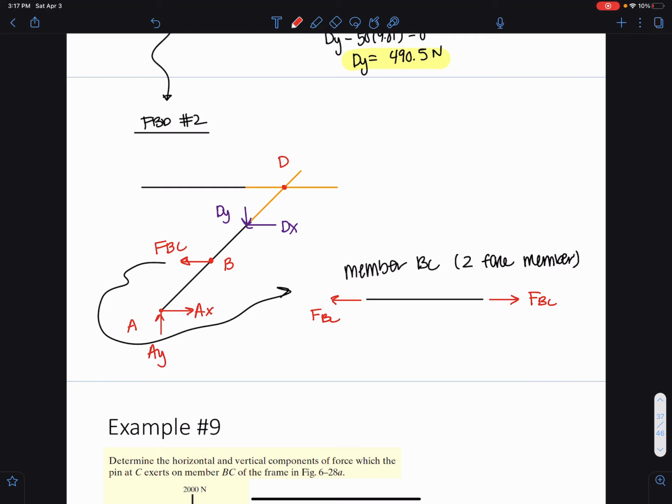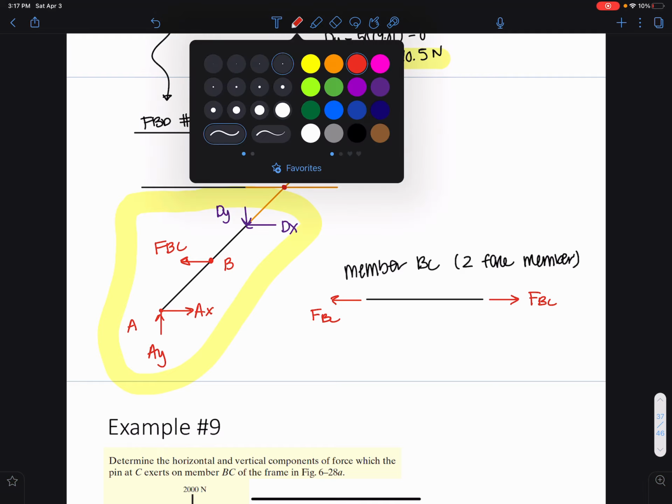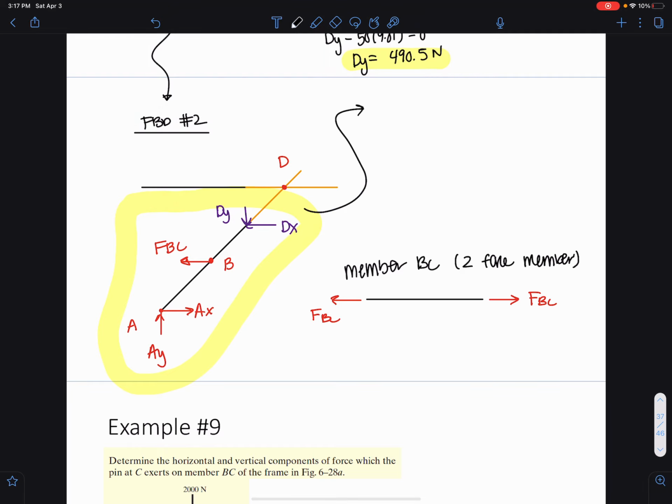So I'm just going to look right now, let me erase this so I can make this a little more clear, I'm just going to look right now at this guy. Okay. And I'm going to sum the moments about point A and set that equal to 0. Say this direction is positive.